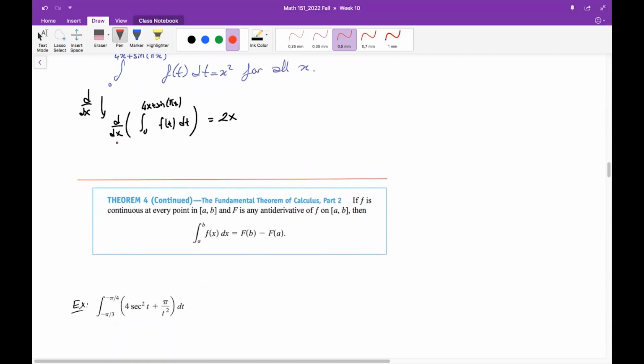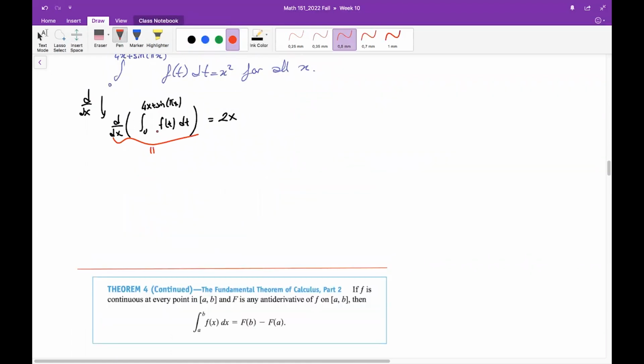And this is something that we can apply fundamental theorem of calculus part 1 to. So I will insert this into the variable t there. Then I get f of (4x plus sine pi x). What I'm using here is FTC part 1.